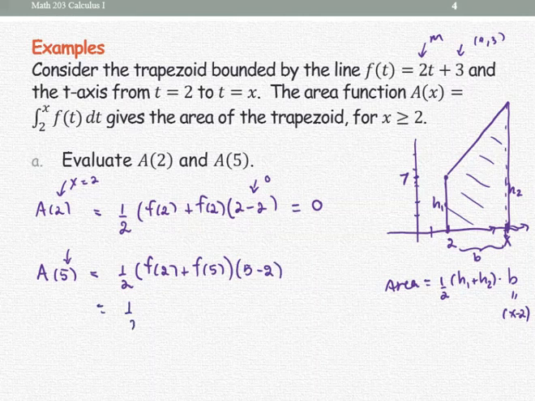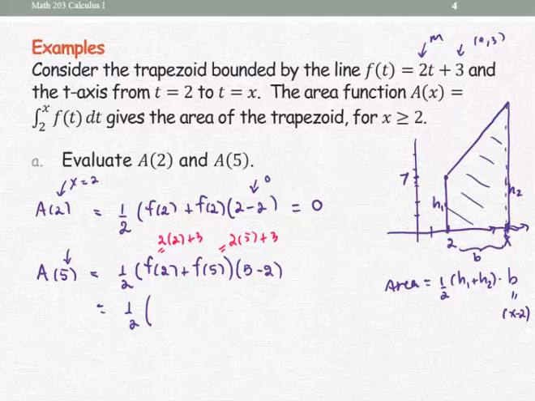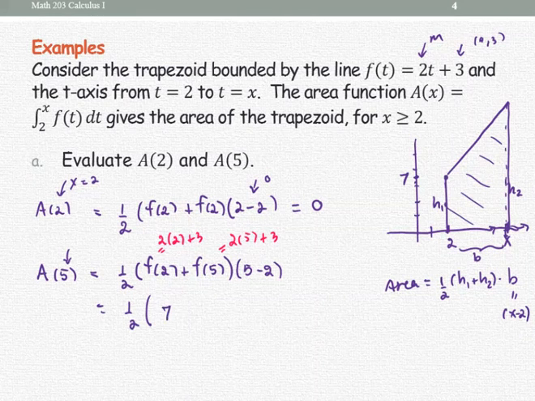Then we get 1/2 multiplied by, recall the function is defined by 2t plus 3. So f at 2 is computed as 2 times 2 plus 3, and f at 5 is 2 times 5 plus 3. The number comes out to be 7 for f at 2 and 13 for f at 5, and 5 minus 2 equals 3.